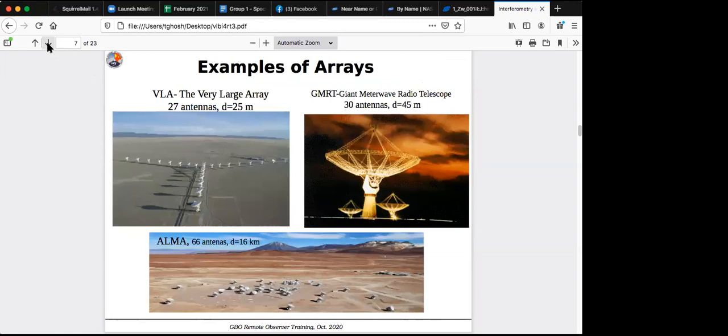Examples of arrays: the VLA, which is now called the EVLA, the Extended VLA. It has 27 antennas. Each antenna is 25 meters, arranged in the form of a Y. They are on rails, so you can change the configuration, and they're scalable.